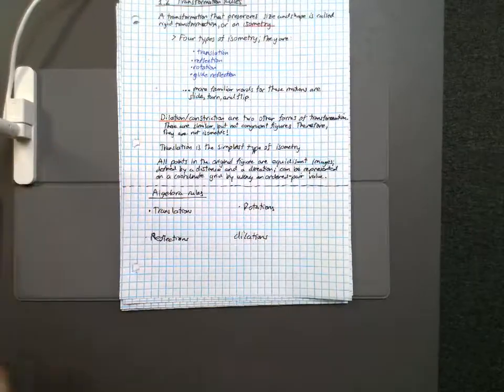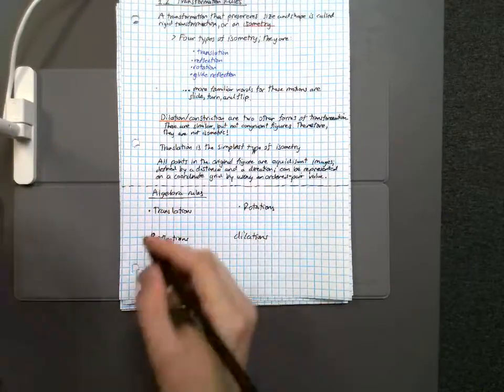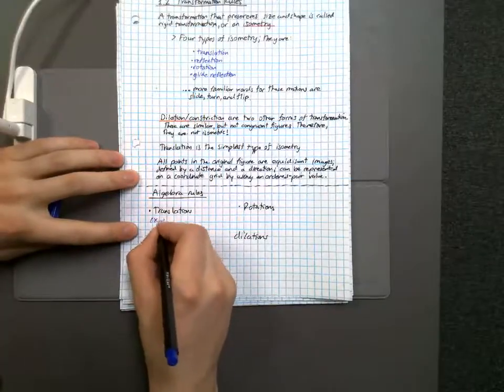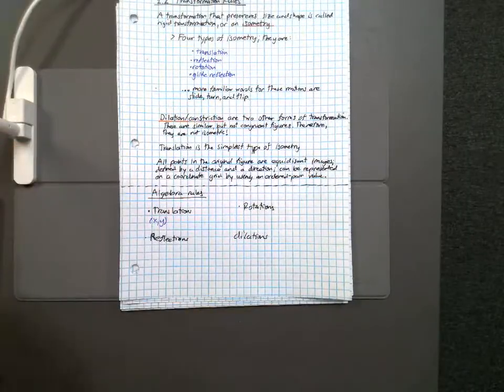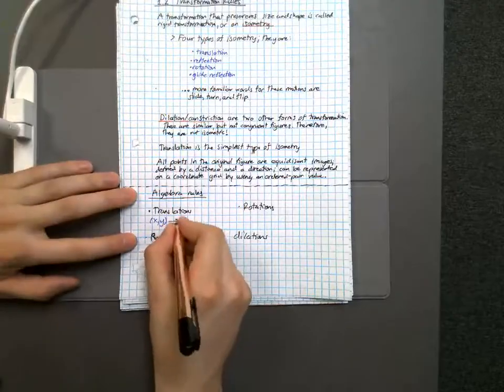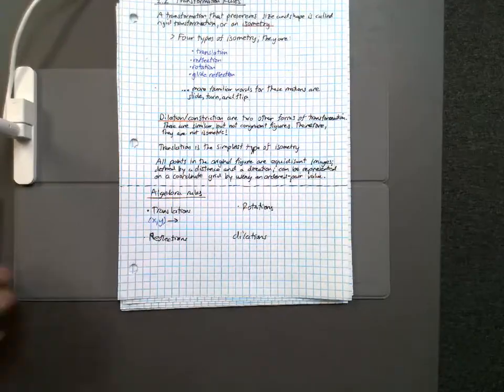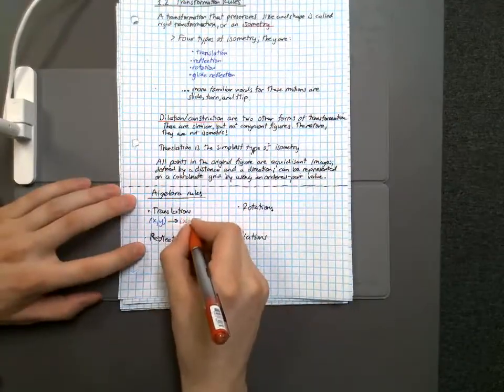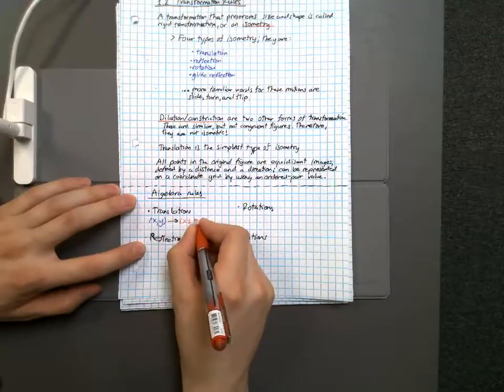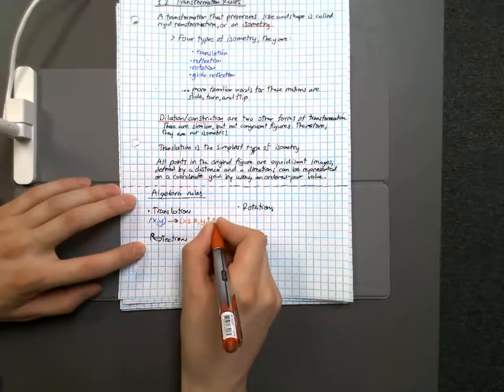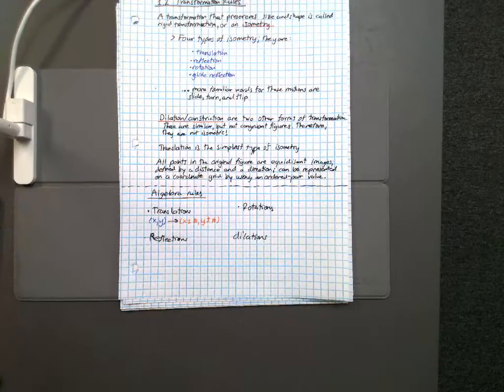Now, you already got the one for translations, if you remember from the last video, which was xy becomes x plus or minus pound sign and y plus or minus the pound sign. Okay? And there you go.